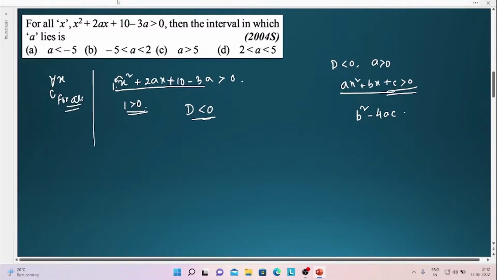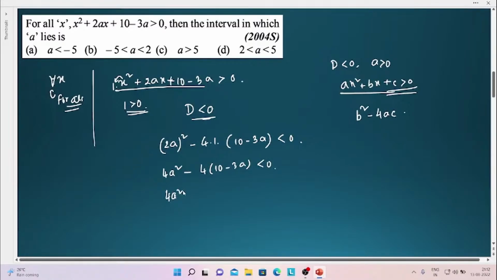So similarly, for the quadratic equation x square plus 2ax plus 10 minus 3a, the discriminant will be (2a) whole square minus 4 times 1 times (10 minus 3a), which is less than 0. So if we calculate that part, it will become 4a square minus 4 times (10 minus 3a), which is less than 0.